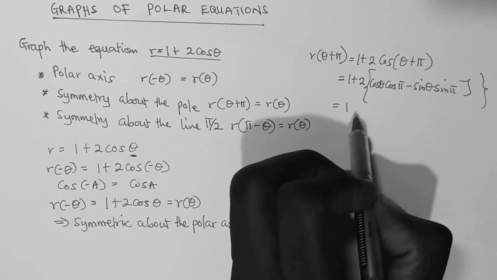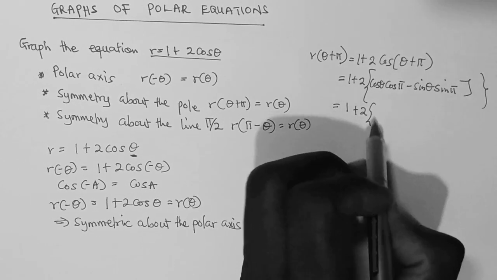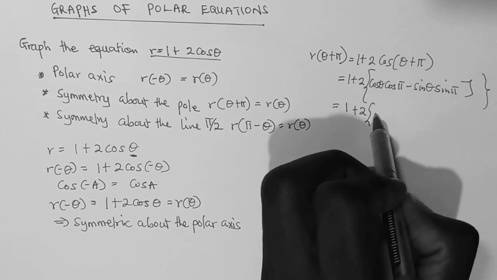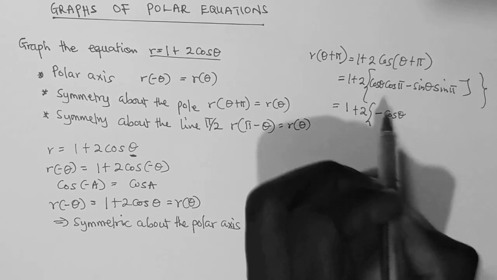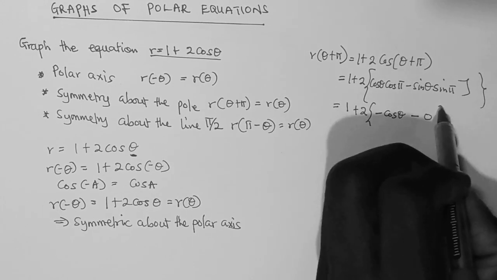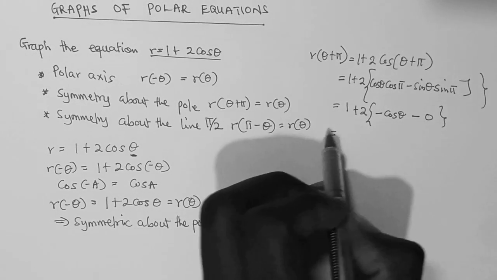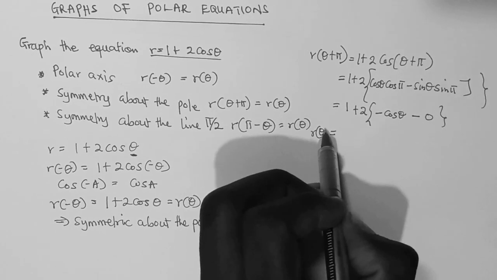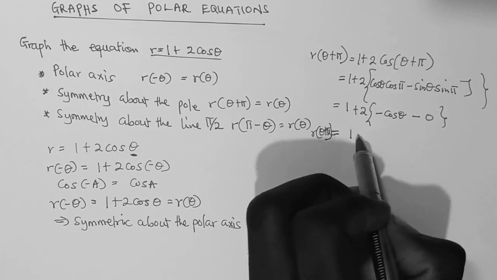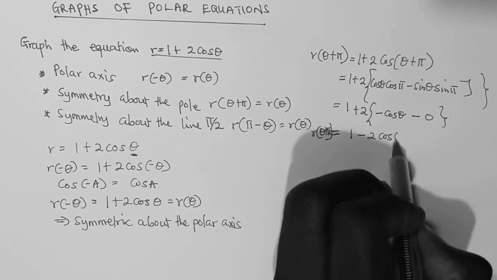So this is equal to 1 plus 2 times the bracket. Cos pi is minus 1, so this becomes minus cos theta. And sin pi is 0, so this becomes minus 0. At the end of the day, r of theta plus pi is equal to 1 minus 2 cos theta.